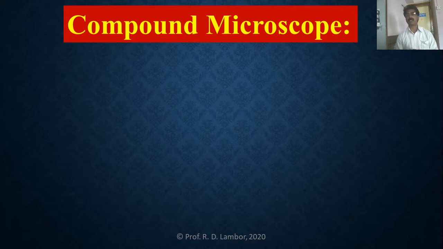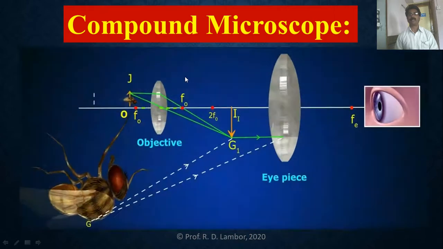So in this lecture we will discuss the magnifying power of the remaining two optical instruments, which are the compound microscope and the third one, the telescope. The ray diagram explaining the image formed by a compound microscope can be studied like this.